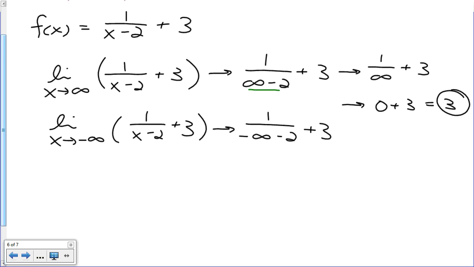And you're subtracting 2 from it, so it gets a little bit bigger in magnitude. So it's still a huge number. So this is taking on the form of 1 over negative infinity plus 3. And 1 over negative infinity, that's 1 divided by a really, really big number, and that's heading to 0. Now it's technically heading to 0 from the negative side because we've got 1 over negative infinity there. But it's still going to 0. Doesn't matter whether you're going to 0 from the positive or negative side, it's still heading to 0. So this is taking on the form of 0 plus 3.